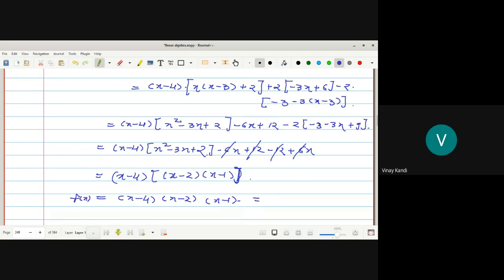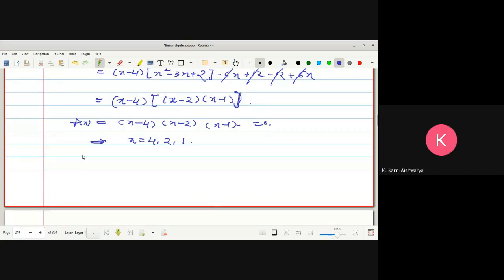If it is equal to 0, this implies x is equal to 4, 2, and 1. Any doubt? Now the characteristic vector corresponding to the characteristic value 1.